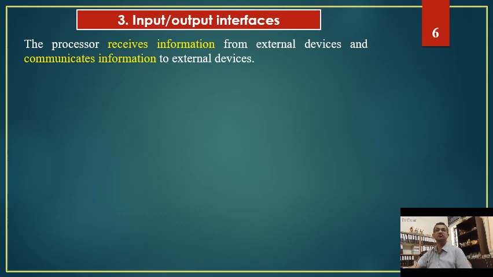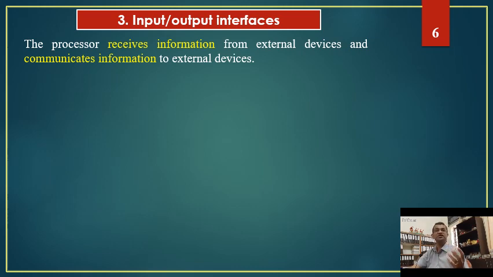So next we will pass on to input-output interfaces. The processor receives information from the external devices and communicates information to the external devices. Most of the time these are all called peripheral devices, called peripheral because they are connected to the periphery of any PLC or central processing unit. That is why they are called peripheral devices.